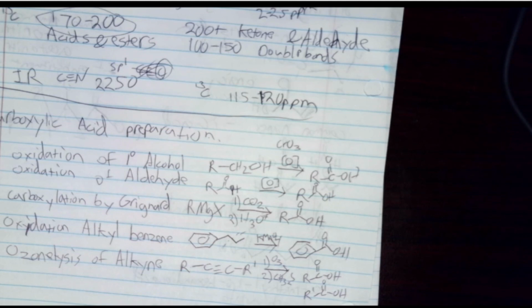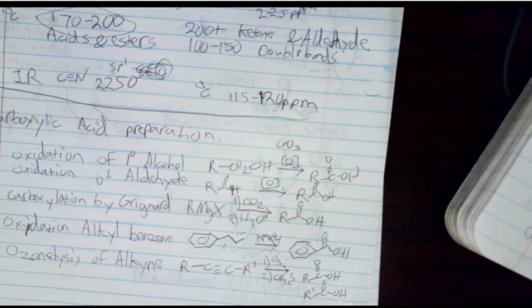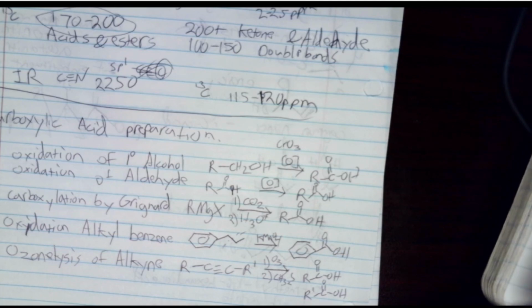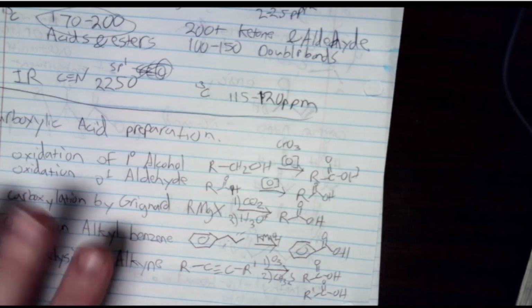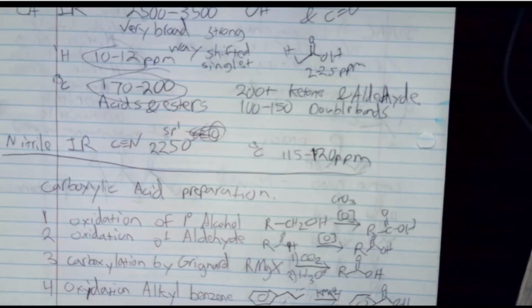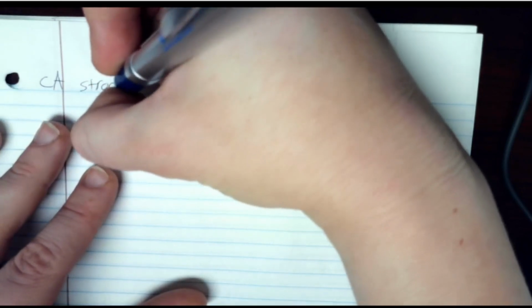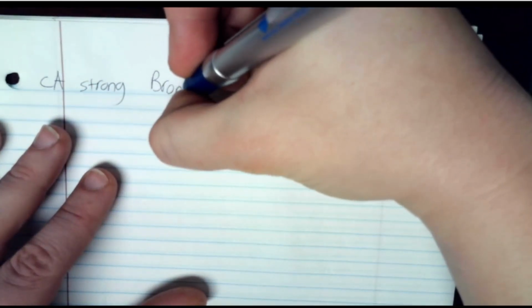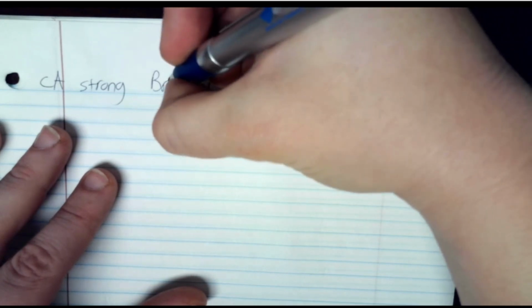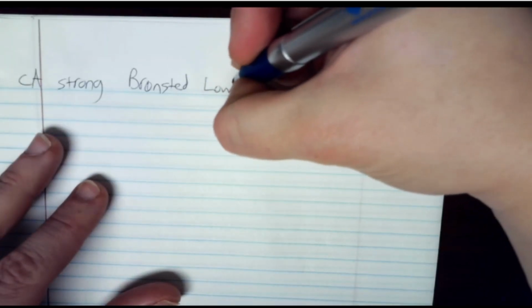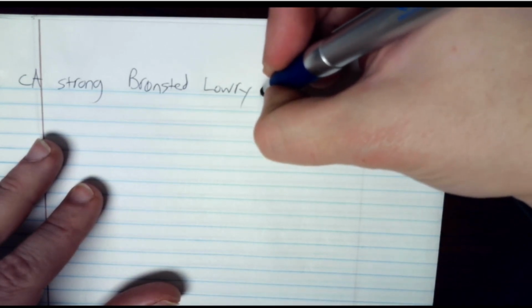So those are some methods we've already learned. Now, some other things to note. This one should be obvious: carboxylic acids are strong Bronsted-Lowry acids.